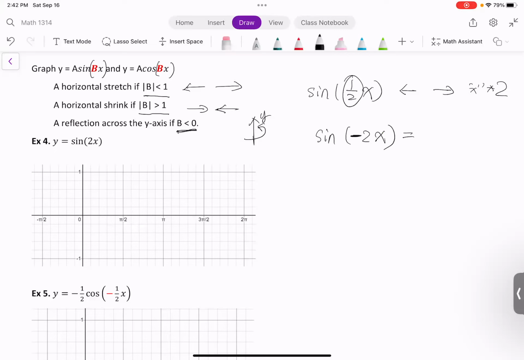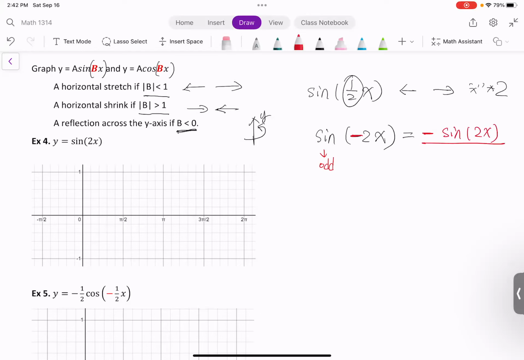We can use the even or odd function to get rid of the negative sign. We have learned that sine is an odd function. Odd function means if I have a negative input, I can put a negative sign in front: negative sine 2x.